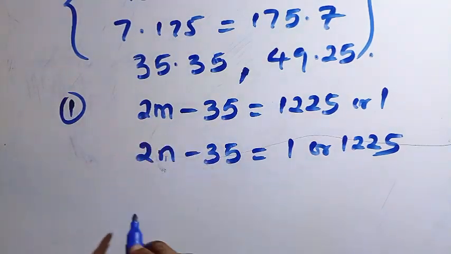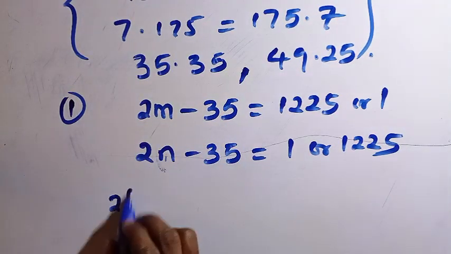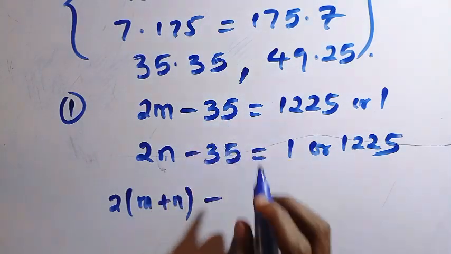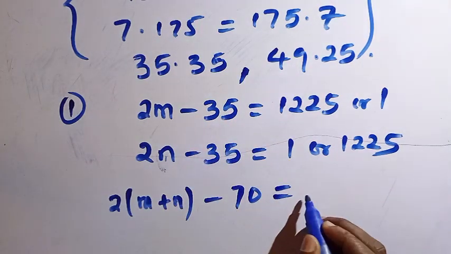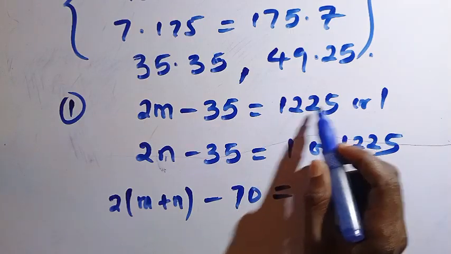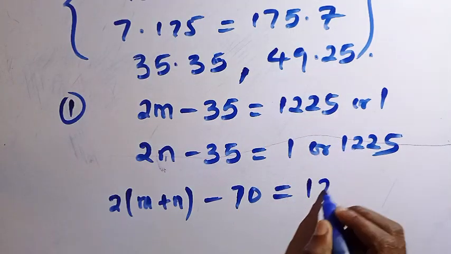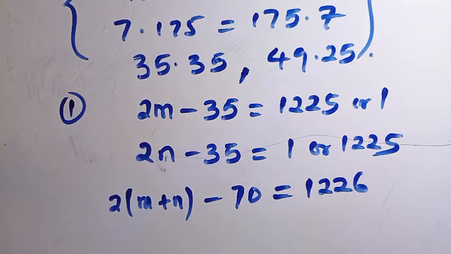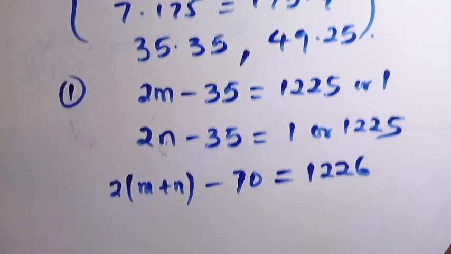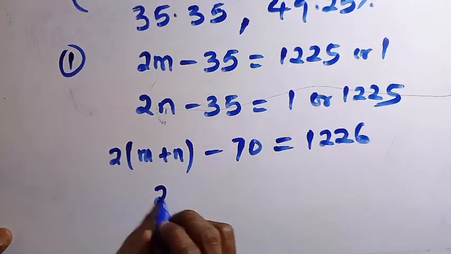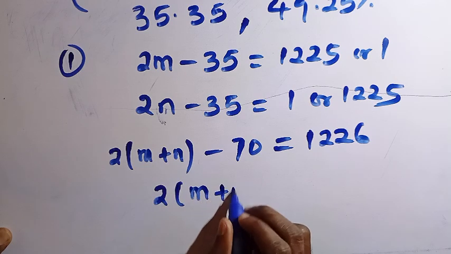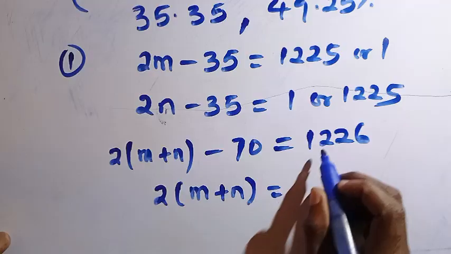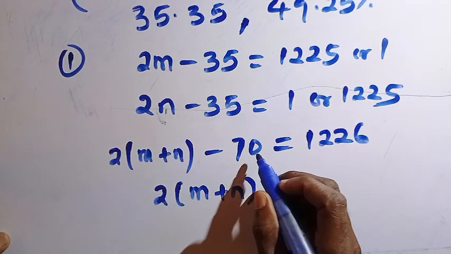So 2m plus 2n gives us 2 bracket m plus n. Then minus 35 minus 35 gives us minus 70. Then 1225 plus 1 gives us 1226, or 1 plus 1225 gives us 1226. Either of these works. So with this, we have 2 bracket m plus n equals, we take this 70 here and it becomes 1226 plus 70.